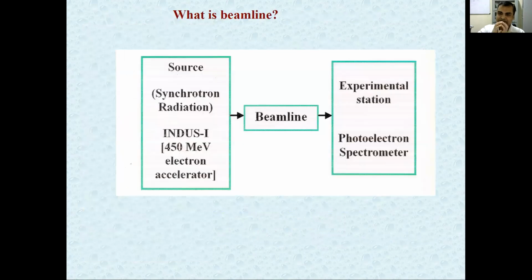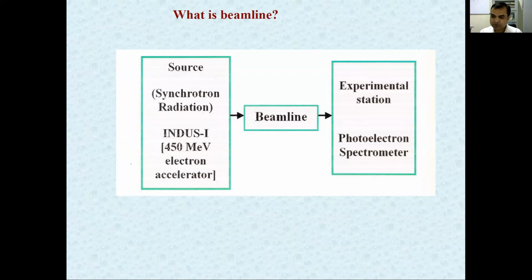When the synchrotron beam comes from the source, we need to carry this high intensity beam to our experimental station, where we can do different sets of experiments. The beam line is nothing but a connection from the synchrotron source to our experimental station, and it has other components.